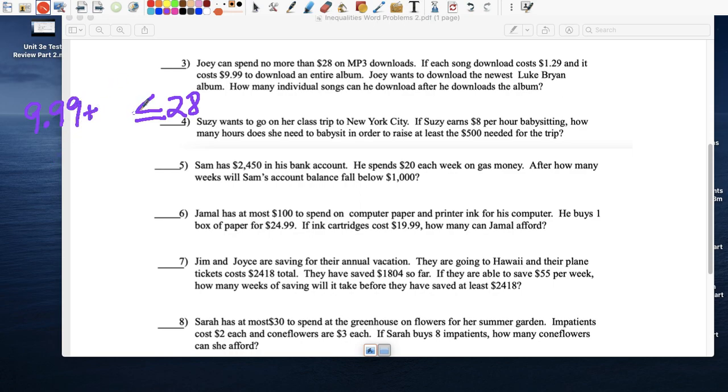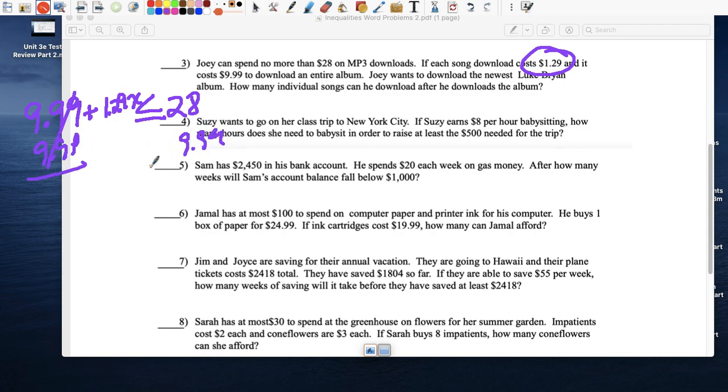Now he wants to know how many songs at $1.29 he can purchase after buying the album, right? So it'd be 1.29 times X, or S, I'd rather you use X. So let's subtract $9.99 from both sides. That goes away.